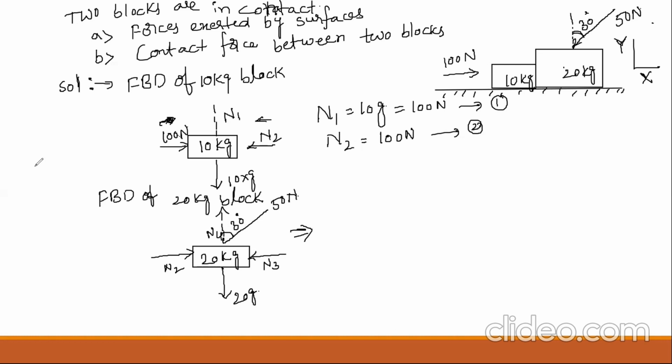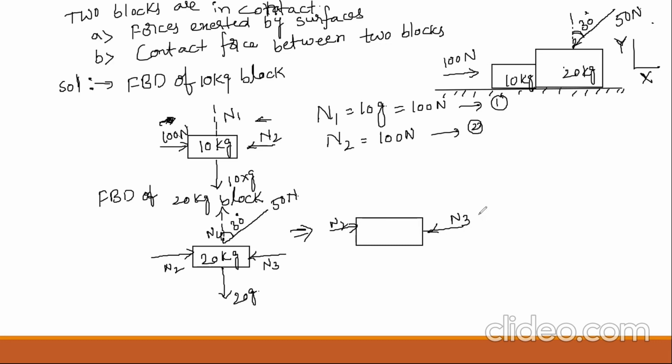Let us observe and we will redraw in that form. We will draw that somewhat clearly. Now this is acting N2, and this is acting N3. So here N3, can I take N3 parallel to the component, right?